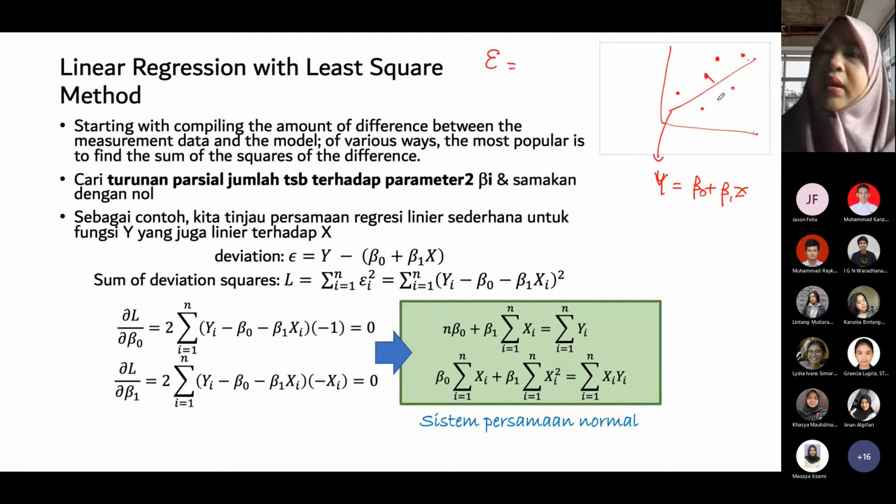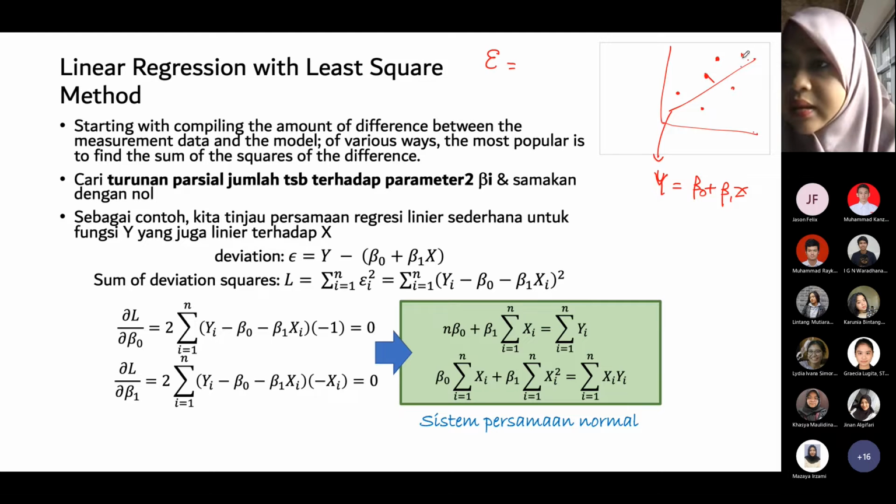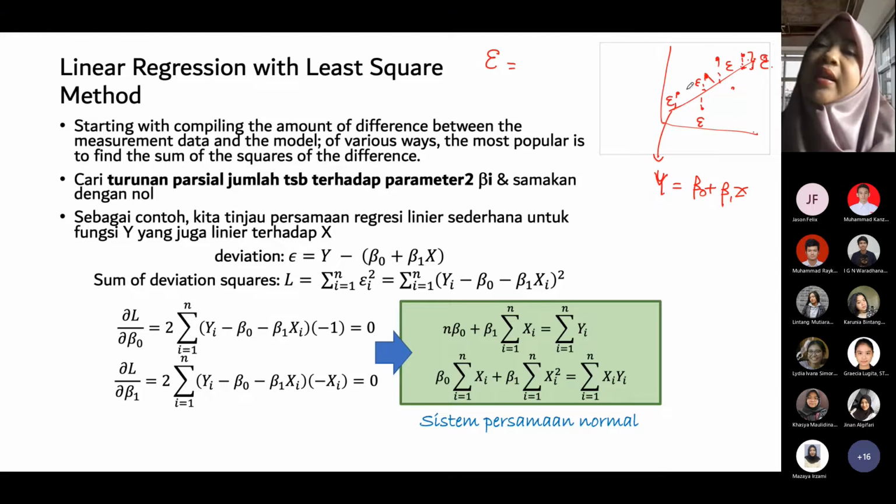Okay, so this one there, that is the error. This one is the error. This one is the error. This one is the error. If we have, for example, 10 sets of experimental data, then we have 10 errors, with the parameter that we want.